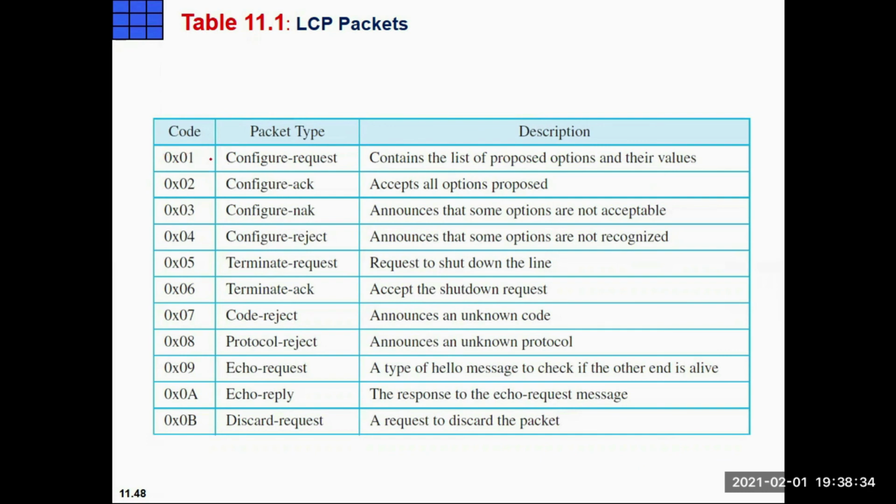This is for configure request. 02 is for configure acknowledgement. 03 is for configure NAK. 04 is for configure reject. 05 is for terminate request. 06 is for terminate acknowledgement. 07 is for code reject. 08 for protocol reject. 09 for echo request. 0A for echo reply. 0B for discard request. So these are the codes in LCP packets, that is Link Control Protocol packets.